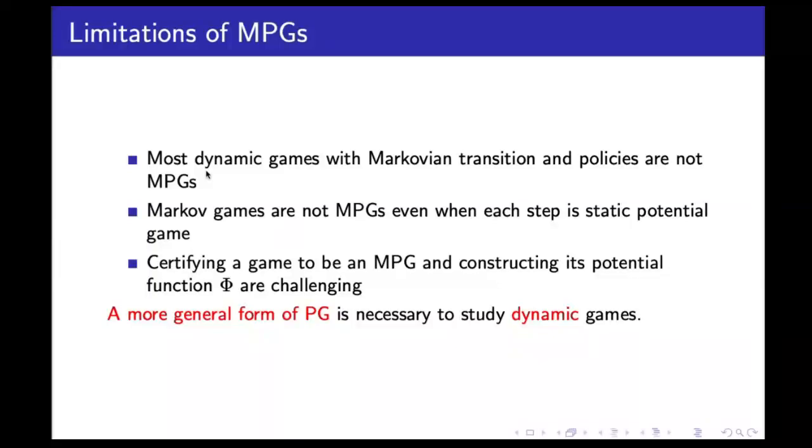And because of the existence of state transitions, it's very hard to verify whether a game is a macro potential game or not, and people do not know how to construct the so-called potential function. Therefore, we want a more general form of potential games to study dynamic games.